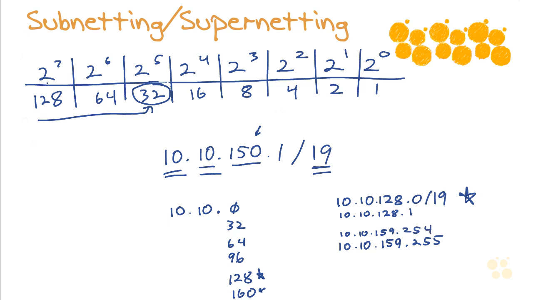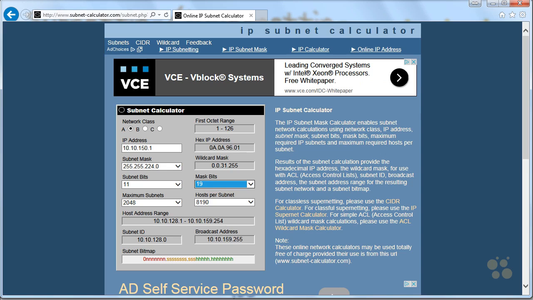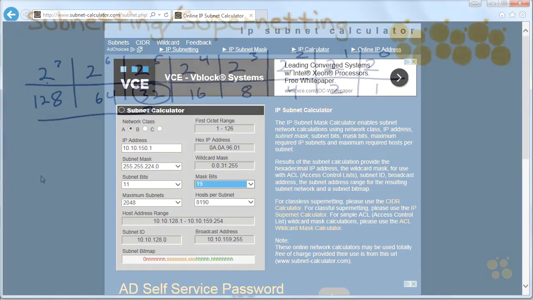So, utilizing this cool magic number, we can figure out exactly where we're at in our network address space, and we can figure out the relevant numbers for that. Remember, when practicing, use an online site to verify your work. And here we can see the verification of everything we just arrived at in our example.